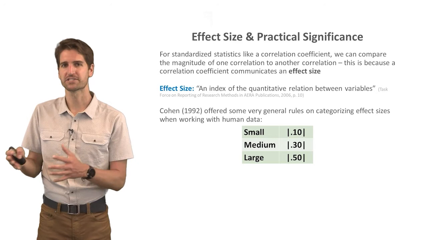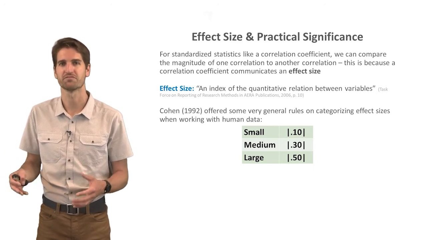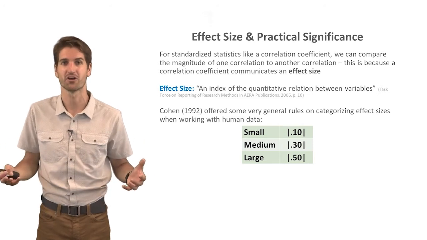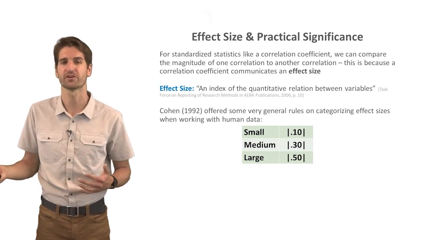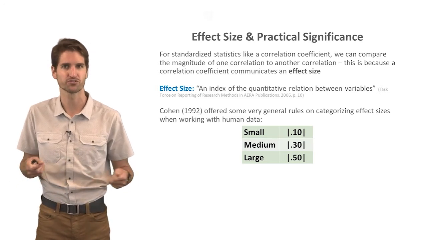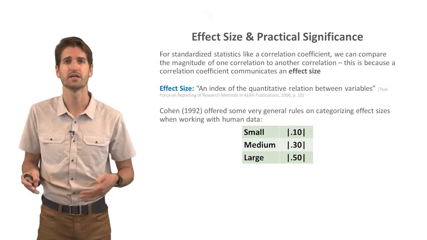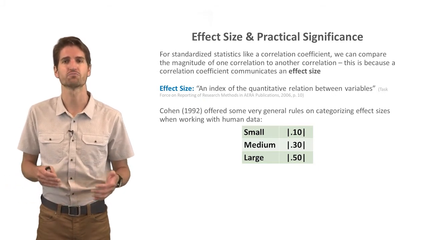We get pretty excited in the social sciences and human resource management if we find a correlation of 0.5 or higher. That's considered quite large. Notice that's by no means a perfect correlation, but when you're talking about human beings and two variables co-varying with each other, that's pretty good. So again, small, 0.1, medium, 0.3, large, 0.5.